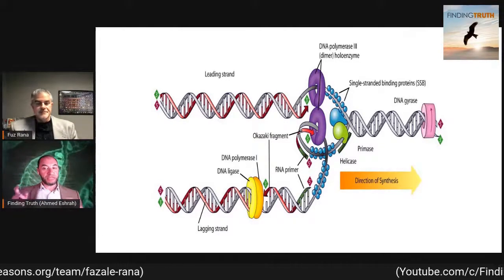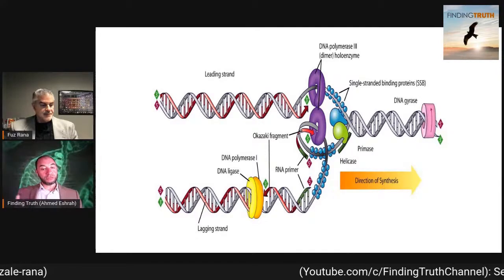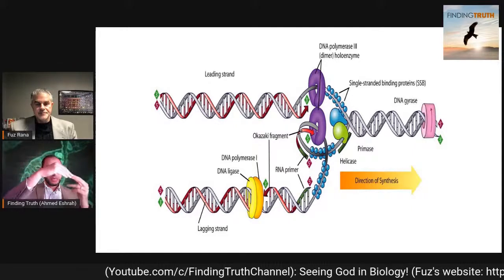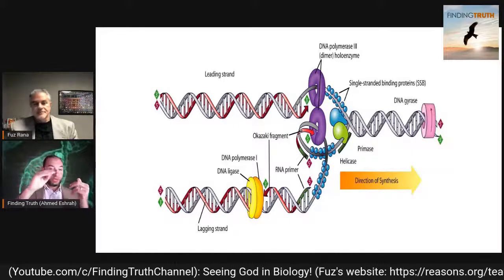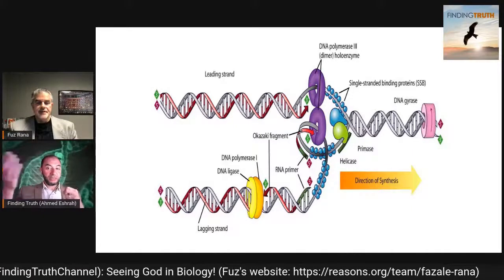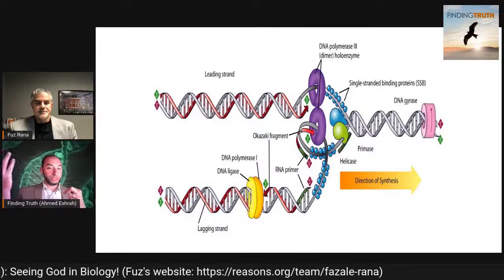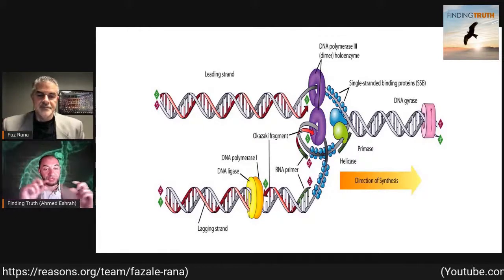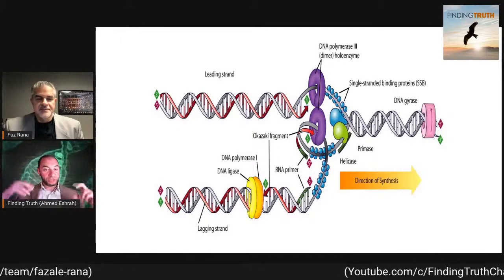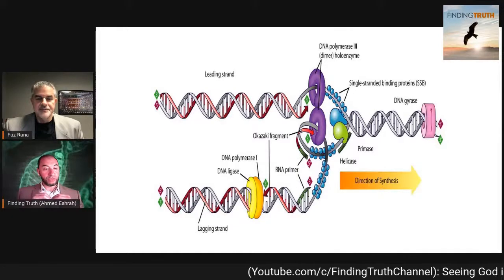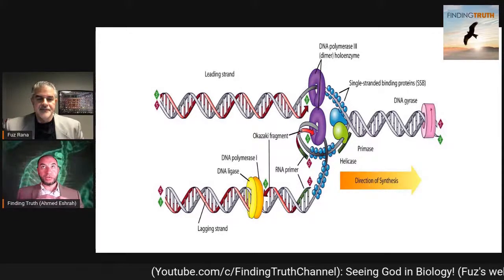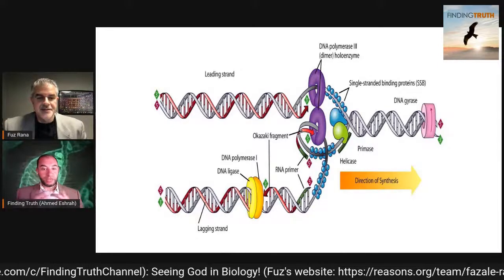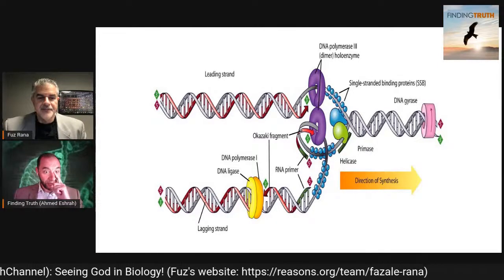But the system understands that the required result is actually a DNA double strand, so it needs to go back and take off those primers, and then our DNA polymerase friend needs to come and replace them with DNA. But now you have separate pieces, and then something else needs to come and glue them together, the ligase guy.